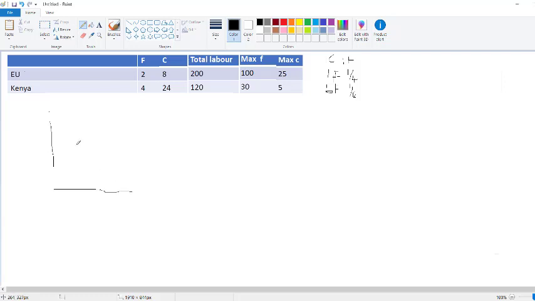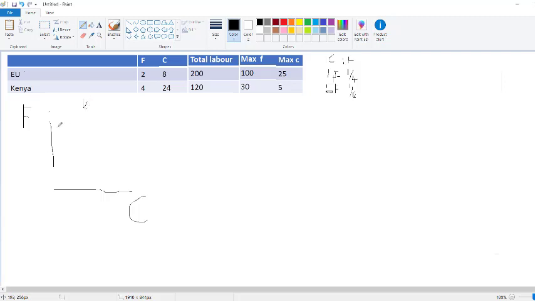Okay, so let's just draw the PPC in. It's up to you what you want to put in terms of the margins. Let's put chemicals here, so it's similar to the textbook, and we put food here. And we look at Kenya.